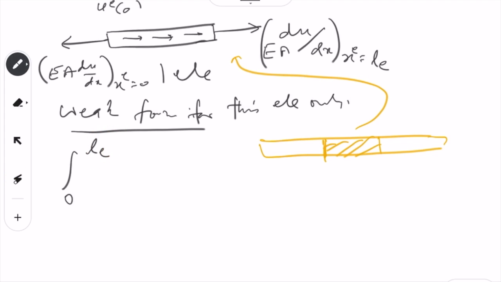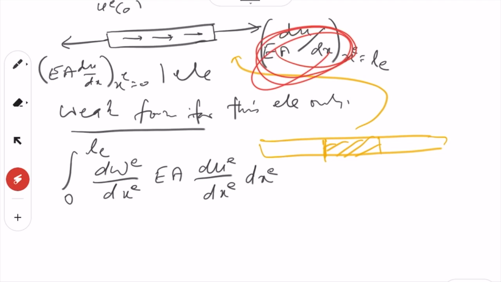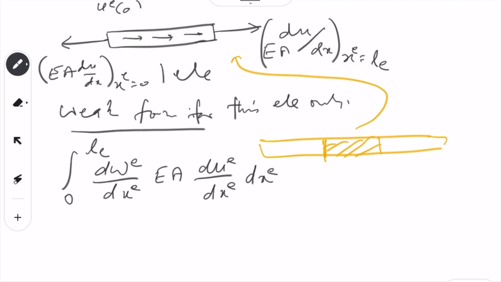Then what we have: dW^e over dx^e, so we are doing all calculation locally, then EA, then du^e over dx^e, will be equal to, and apart from this there will be terms from the other side as well. So we can write the other side as well.